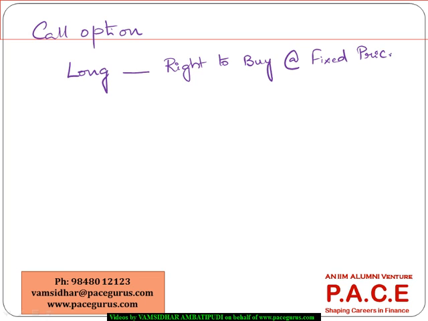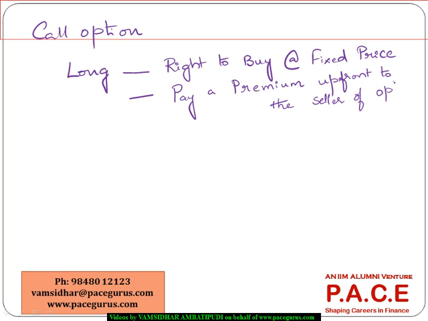Because he has that particular right, he will typically pay a premium. To get that right, he is paying a premium upfront to the party who is giving the right, to the seller of the option, to the writer of the option, to the short position of the option. He is paying a premium upfront to get that particular right.